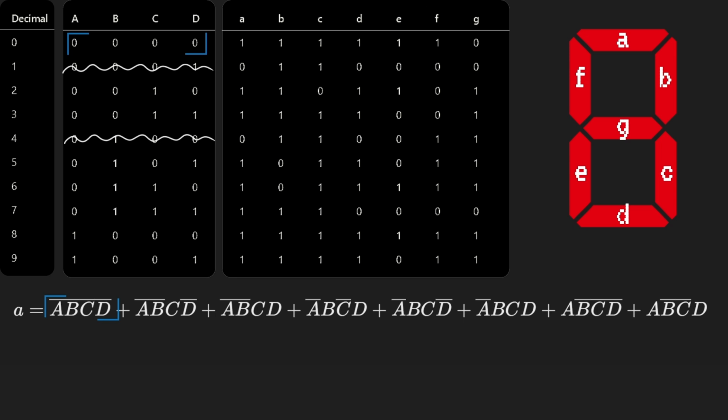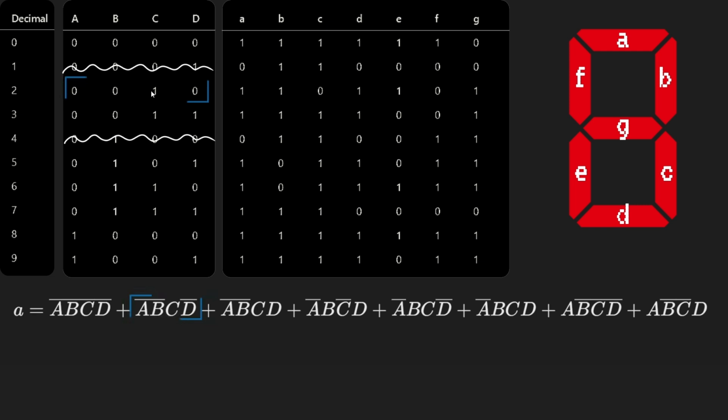That's why we need to convert all the inputs to 1 to get 1 as an output. That's why we have to add a bar, which is a NOT gate, where the value of the input is 0.